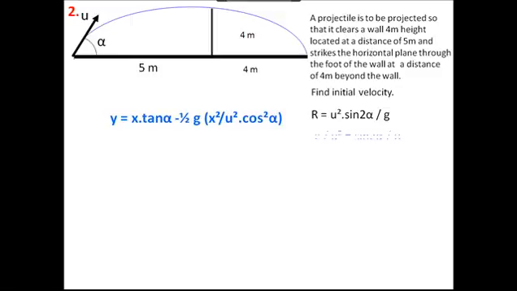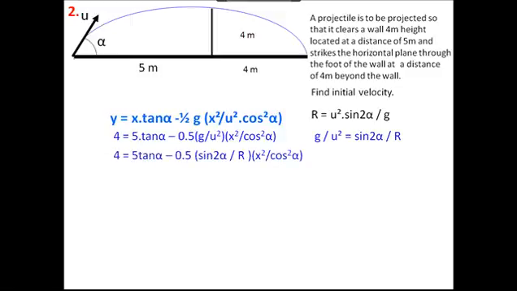Using these two, see, using the second equation, you work out value of g by u square as sine 2 alpha by R, and put it in the first equation, that is y is equal to x tan alpha minus half g x square upon u square cos square alpha.